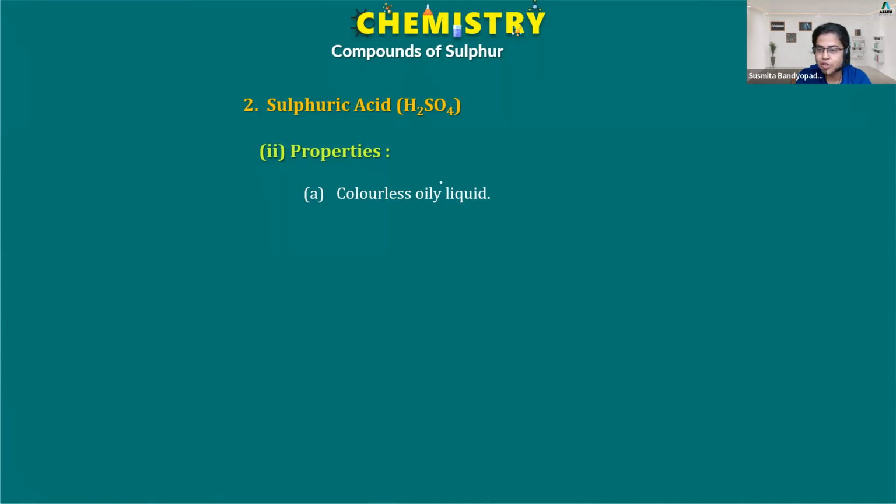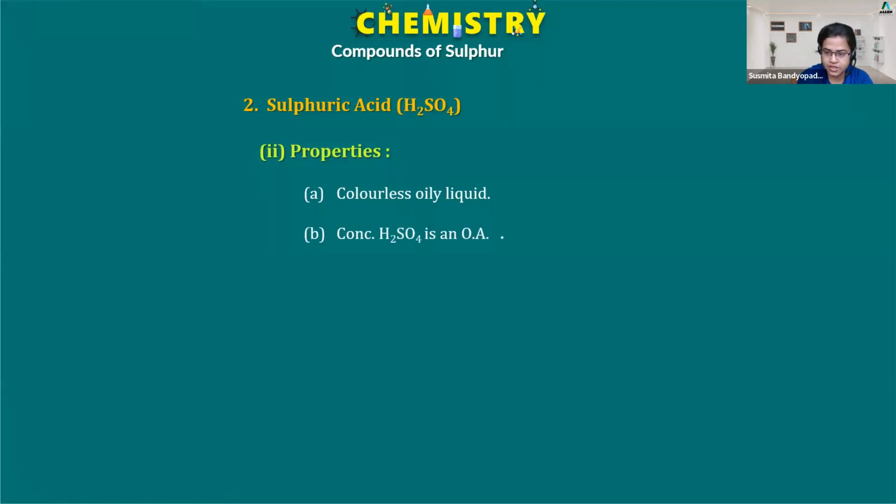HNO3 decomposes to form a small amount of NO2. That NO2 dissolved in HNO3 is slightly yellowish in color. Otherwise, pure HNO3 is also colorless. Sulfuric acid is also colorless. Sorry. It's an oily, colorless liquid.